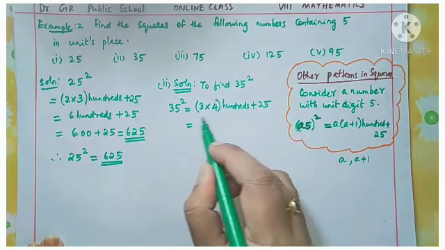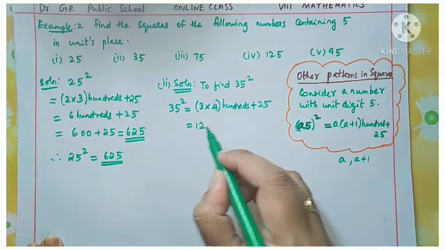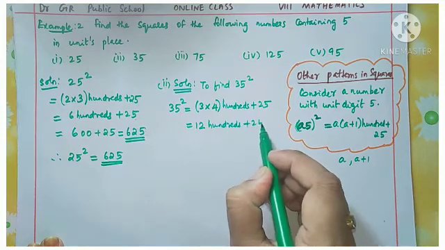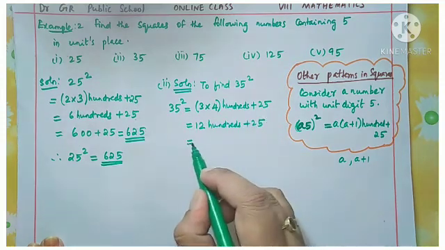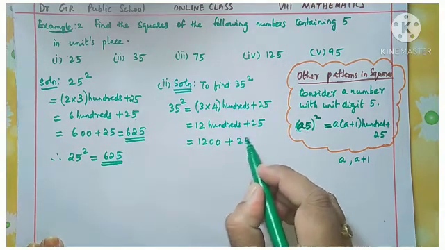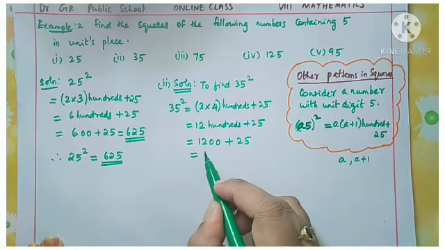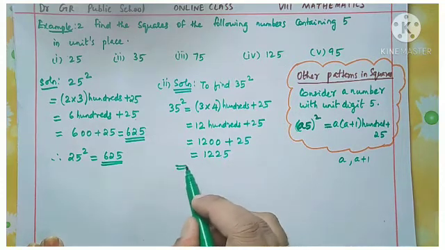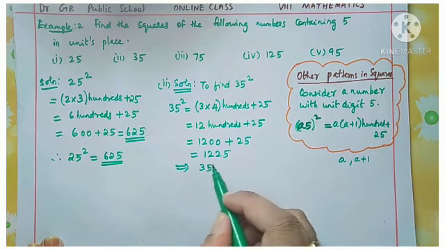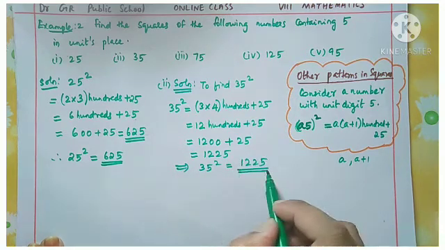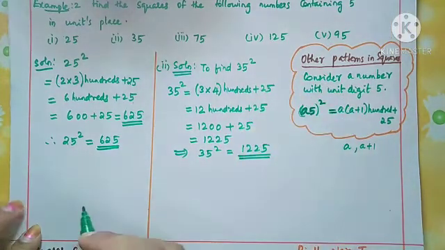And what is 3 into 4? It is 12. So 12 hundreds plus 25. Now hundreds means all the time you put 2 zeros, plus 25. That is equal to 1225. So the square of 35 is 1225.